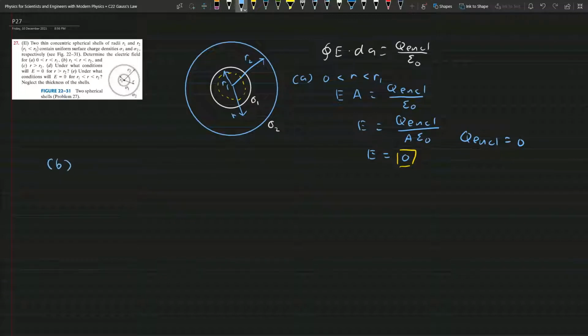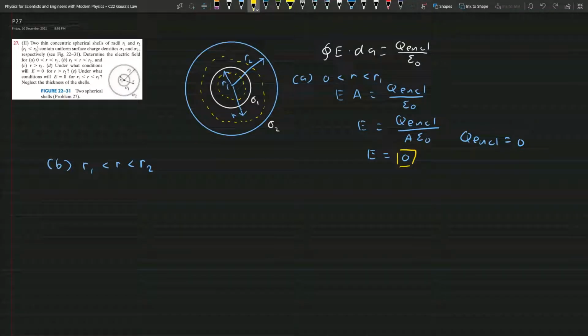Now we proceed to B. In B, we have this R between R2 and R1. So between R2 and R1 is the region somewhere here.